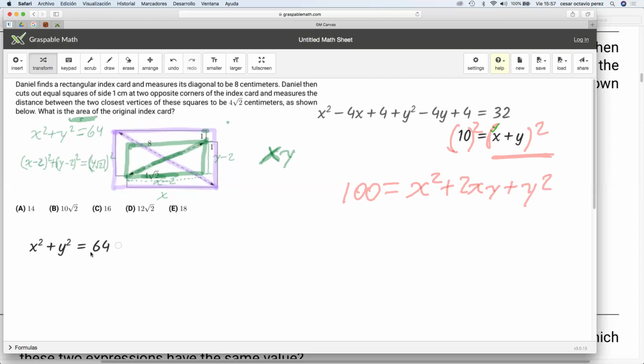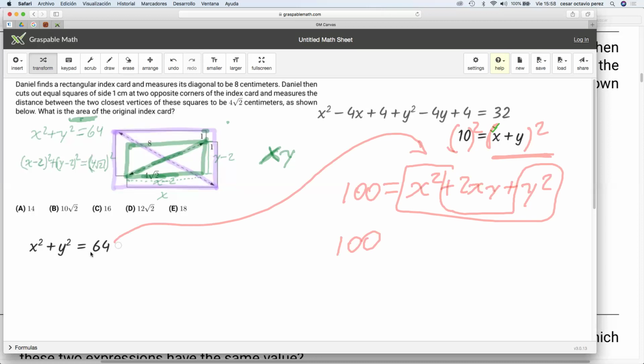And we already know that x squared plus y squared is 64. So we can substitute here.